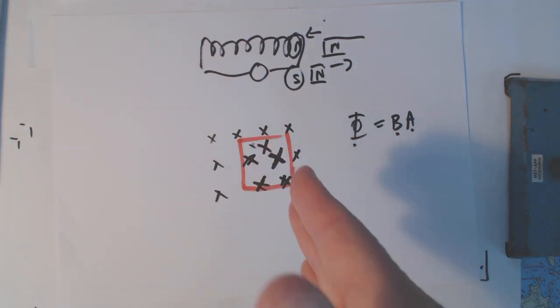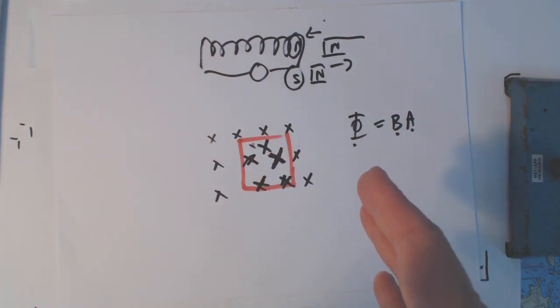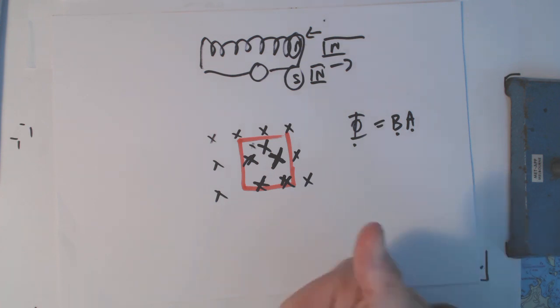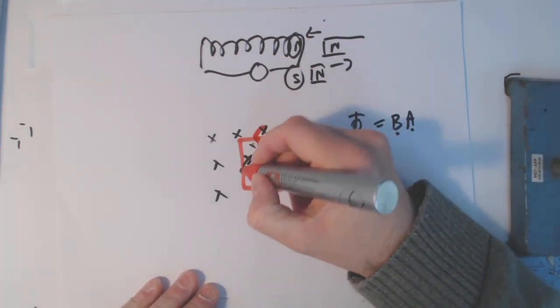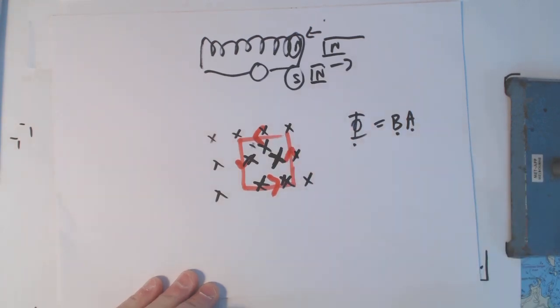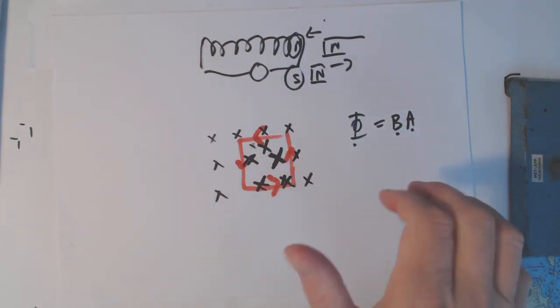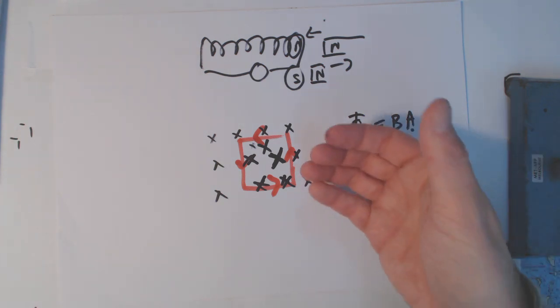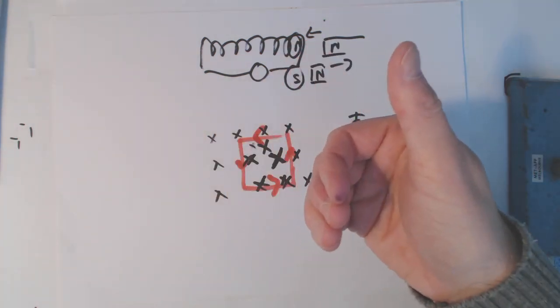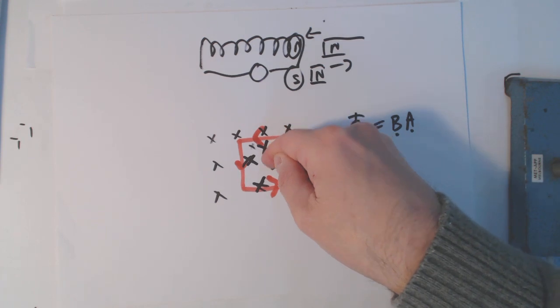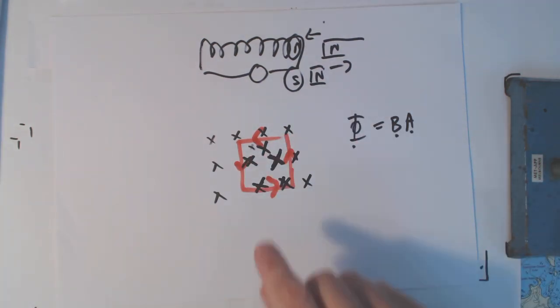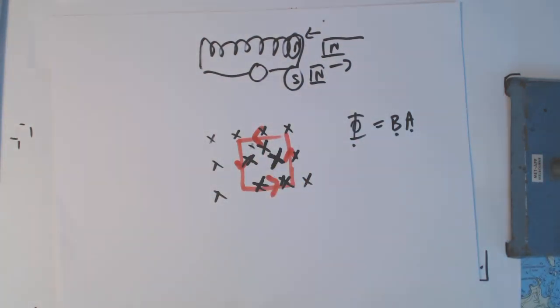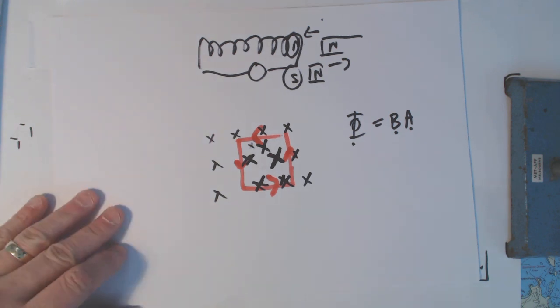I can do that with my right hand wrapped around the wire and a current flowing this way. Using the right-hand grip rule for a magnetic field, your fingers curl around the wire, coming out through the inside, and that opposes the field going in. So that gives you that direction.